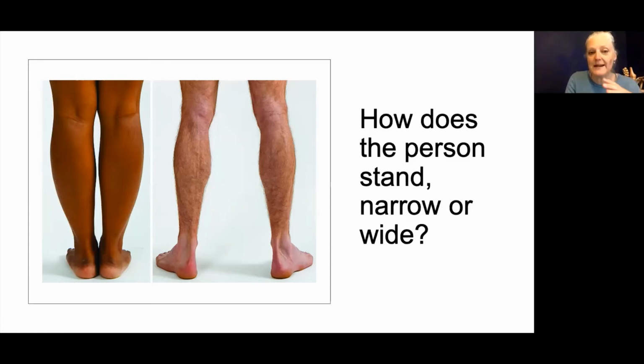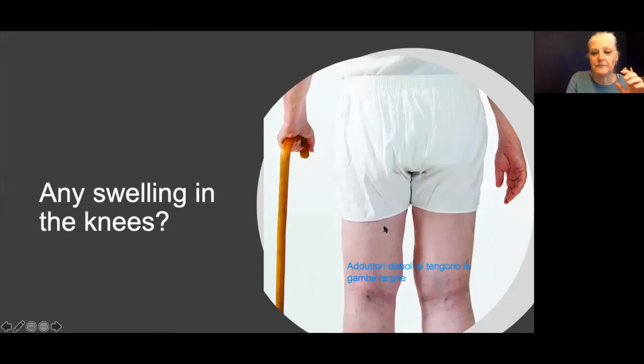It just means relative to their own abductor muscles, the ones that take the legs out, their buttock muscles. You can tell that because if you normally stand with your legs far apart and then you stand in a narrow stance, you won't like it because you'll feel unbalanced, and you can feel your adductor muscles trying to keep your legs together.